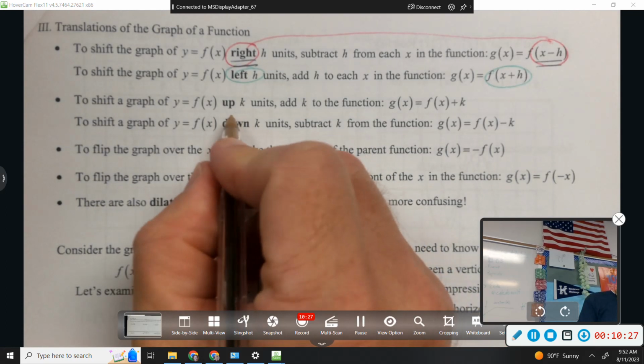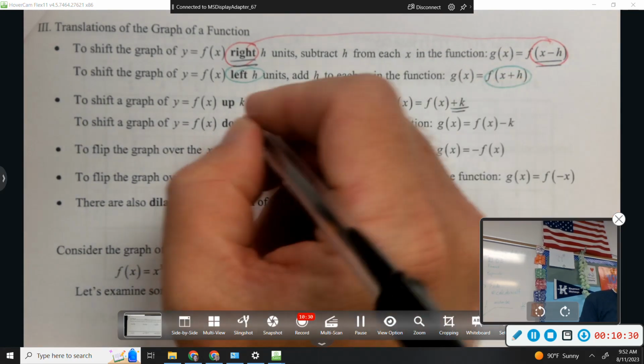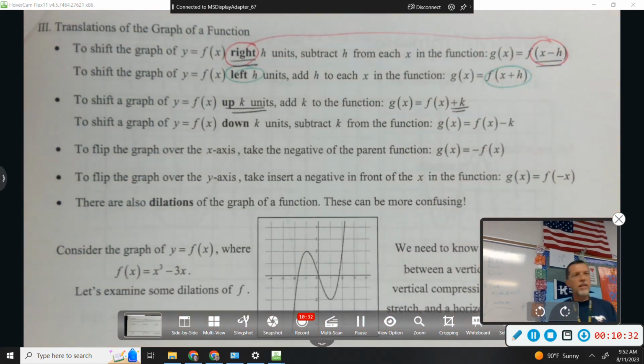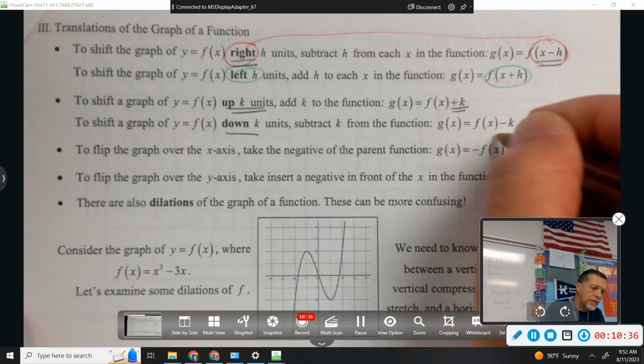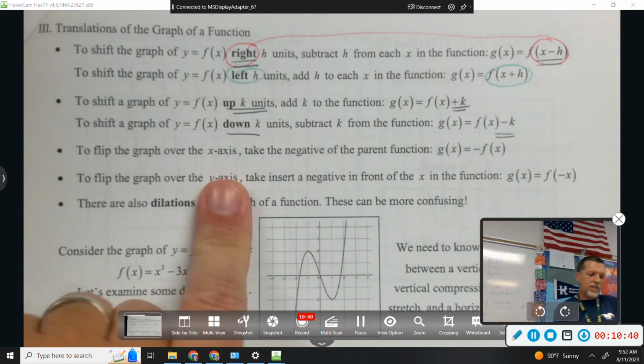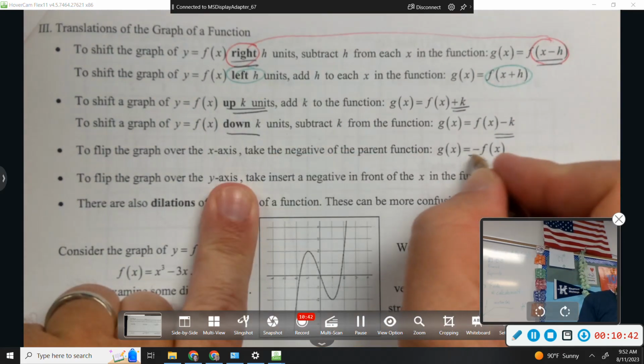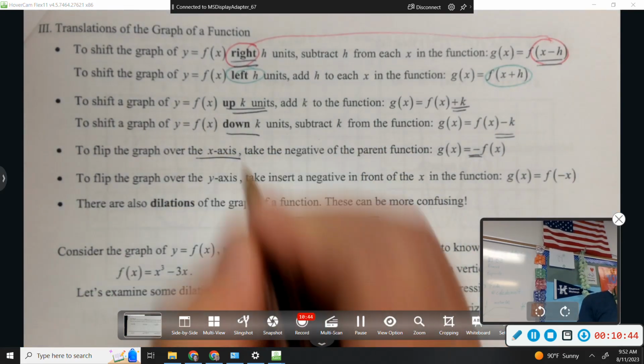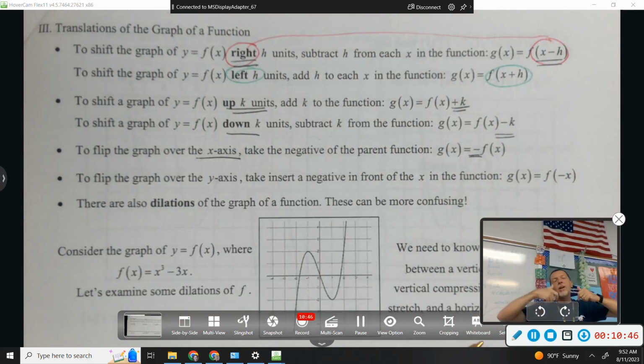If you want it to go up, then you put the plus k at the end. If you want it to go down, you put the minus k at the end. If you want to flip it over the x-axis, you put a negative out front. That flips it up and down. I would say it flips it in the y direction.